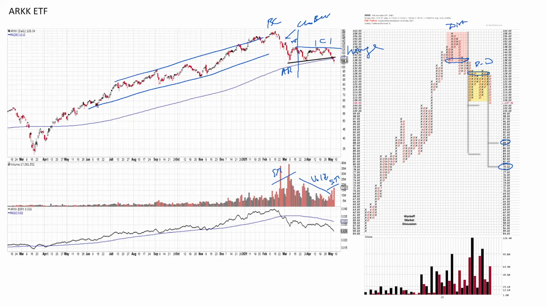So you have distribution, or you have selling of the ETF by institutions and the public, and they're selling their ARK fund, and it forces the portfolio managers to sell the individual stocks within the ARK fund, which is a classic liquidation process of an index.